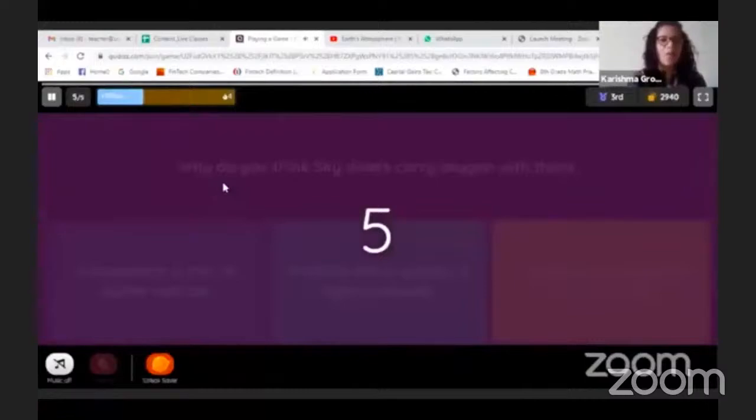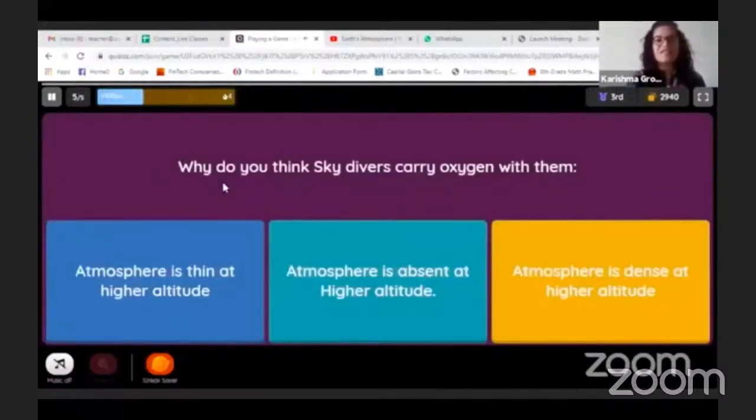Okay. Why do you think skydivers carry oxygen with them? Now, the atmosphere is thin at the higher altitude. You may have observed when you climb a hill, you feel a little breathless. That's because the air is denser in the lower section, and as you go up, it becomes thinner.